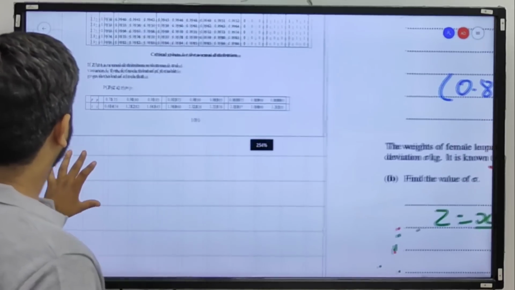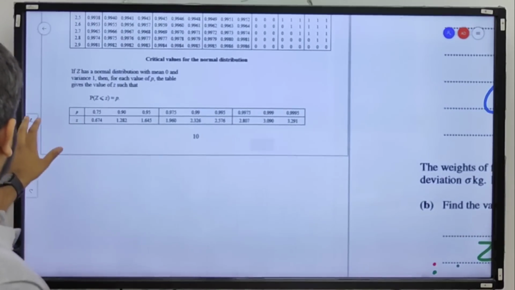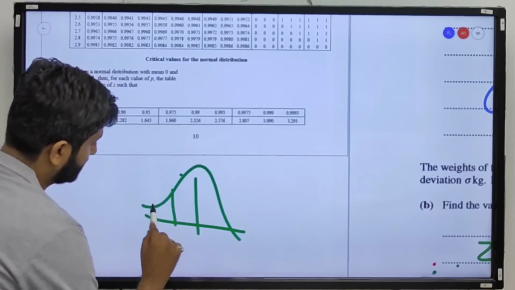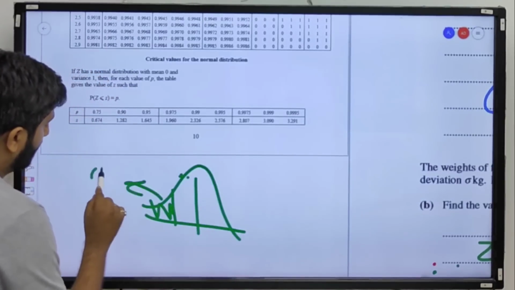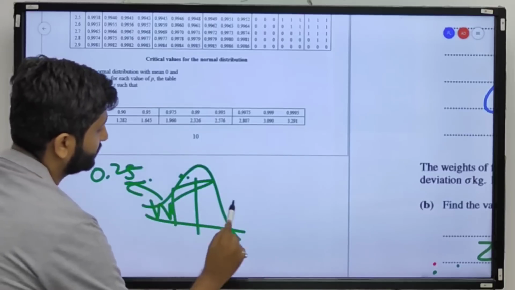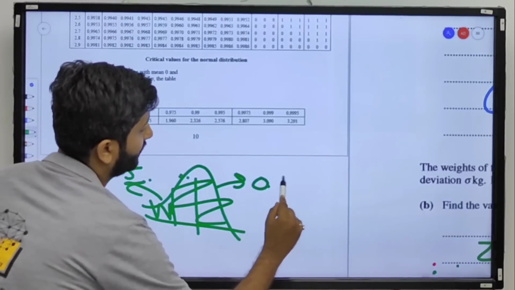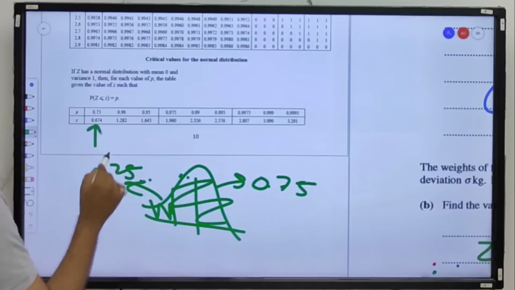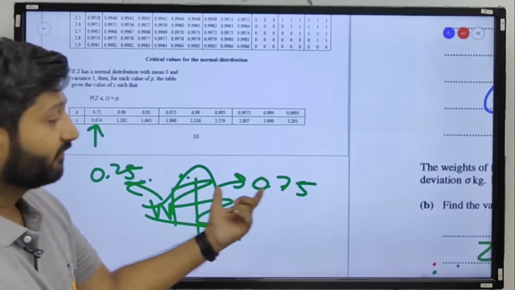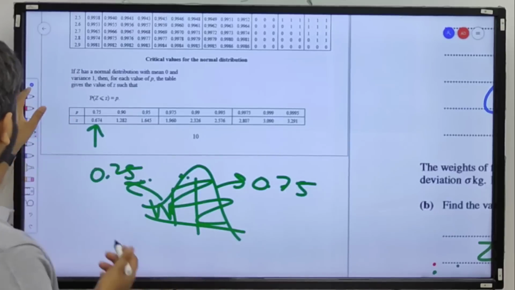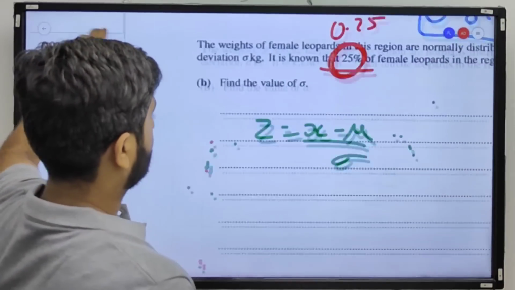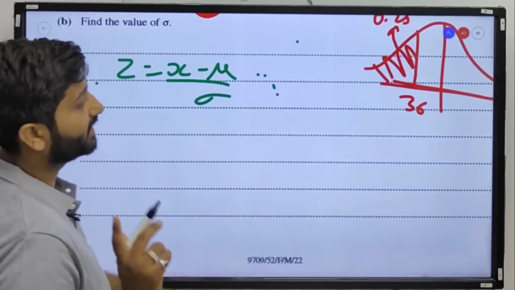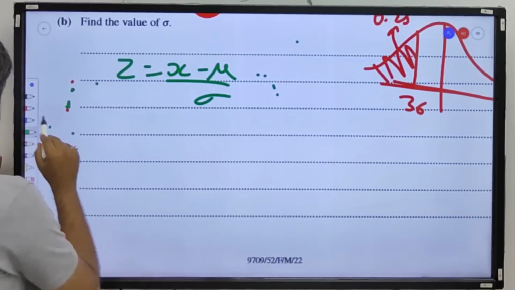So see, this region was 0.25. It means this is obviously going to be 0.75, right? So the critical value of Z for probability 0.75 is 0.674, right? So my Z is 0.674, but it will be negative.